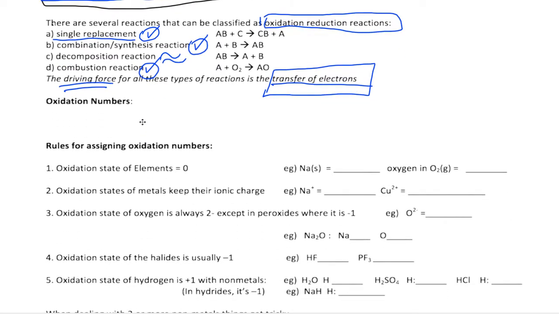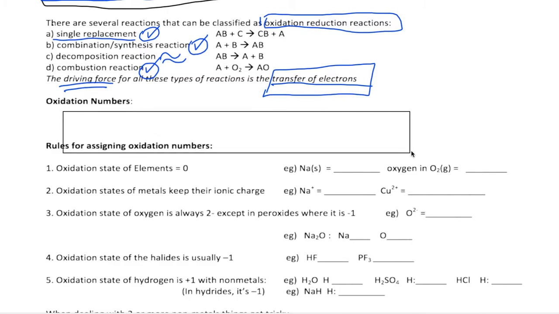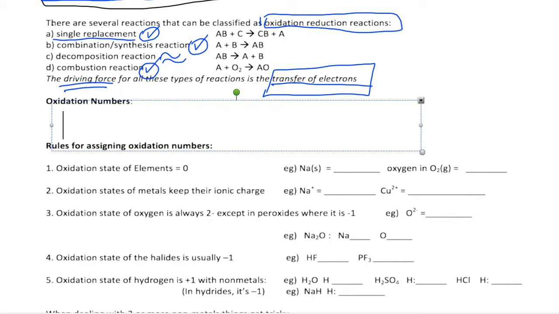So let's look at what oxidation numbers are. They're just made up numbers. They're numbers that are arbitrarily assigned. Let me make this smaller here, make it about 12.